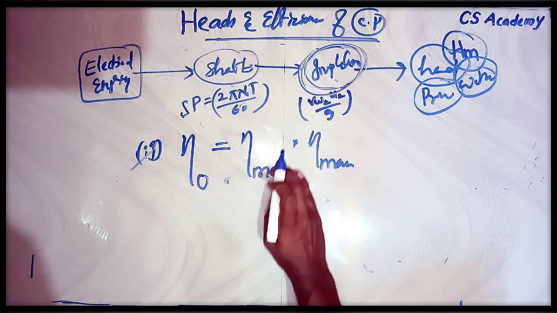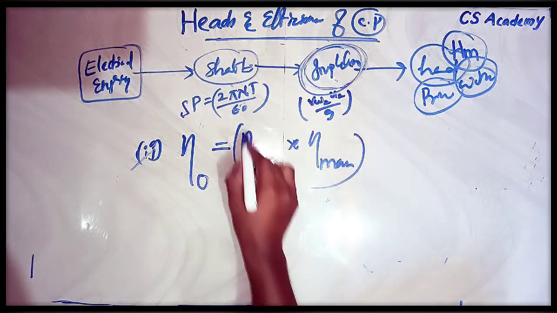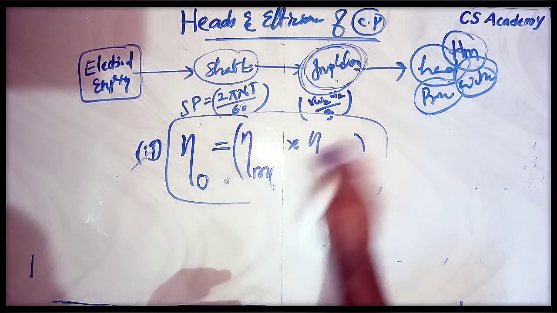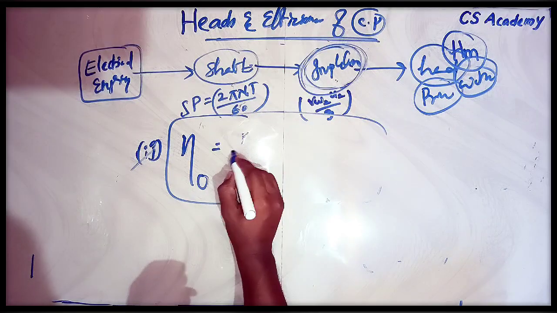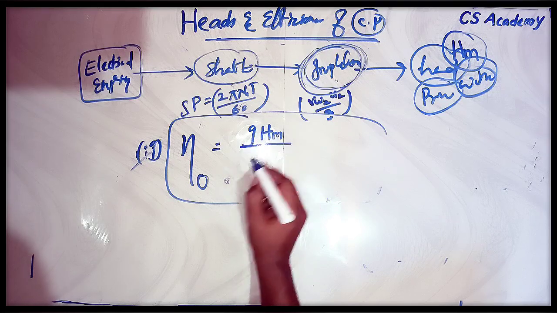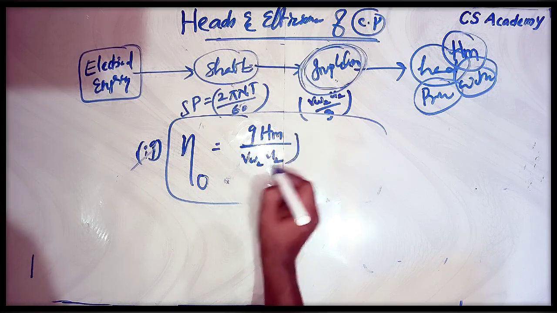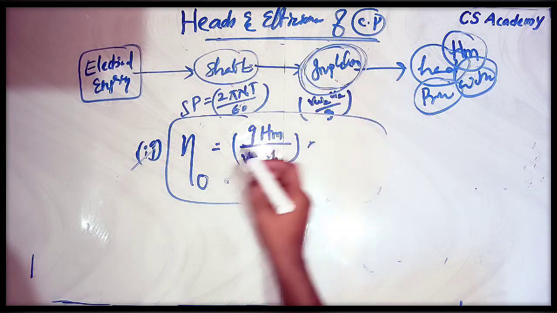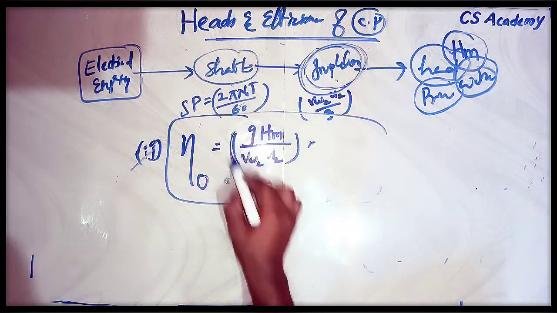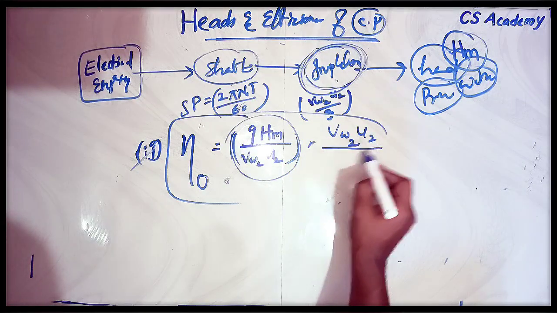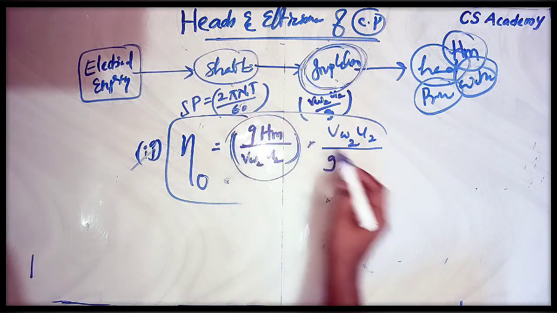If you see the product here, as we know, the manometric efficiency is g Hm by Vw2 U2. Yes or no? And mechanical efficiency is Vw2 U2 by g into shaft power.